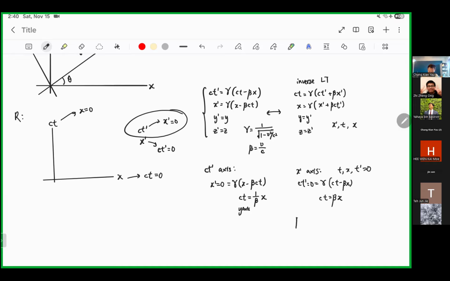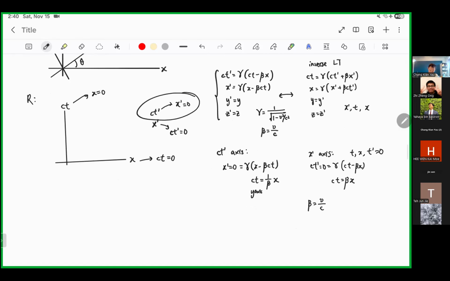You know that beta is defined to be v divided by c, so the maximum value you can get is 1, because v cannot be larger than the speed of light. So beta should be between 0 and 1.